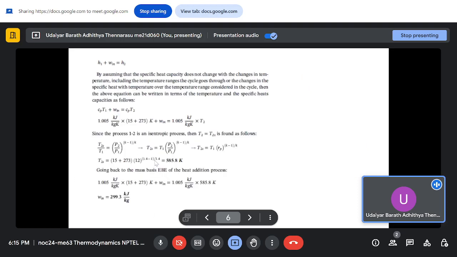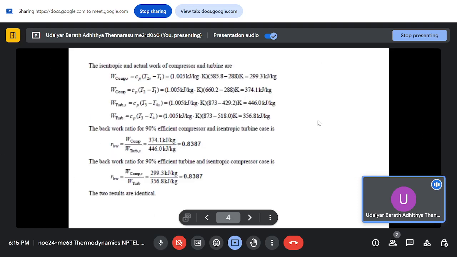So if you try to calculate efficiency, you can calculate. So assuming a turbine is 100% efficient, your work generated in turbine is 446, out of which your compressor takes away 299.3. So 446 minus 299.3 is the total work which you will get out of the Brayton cycle.